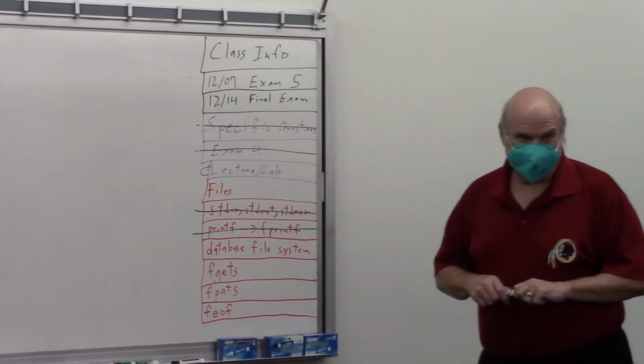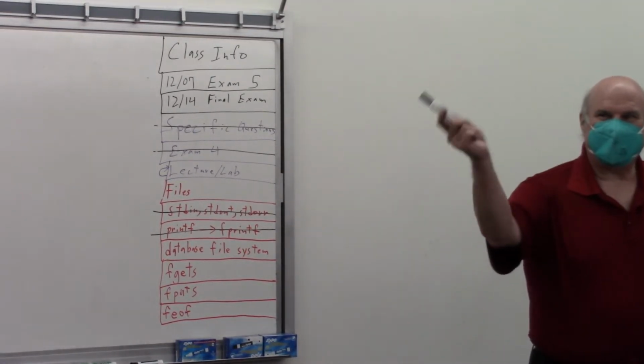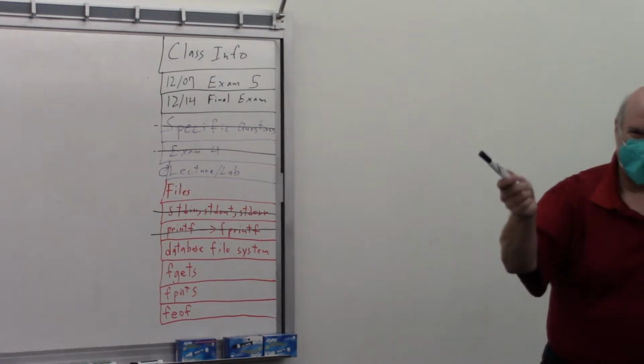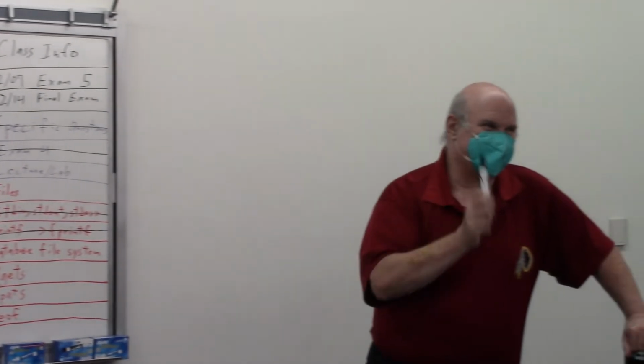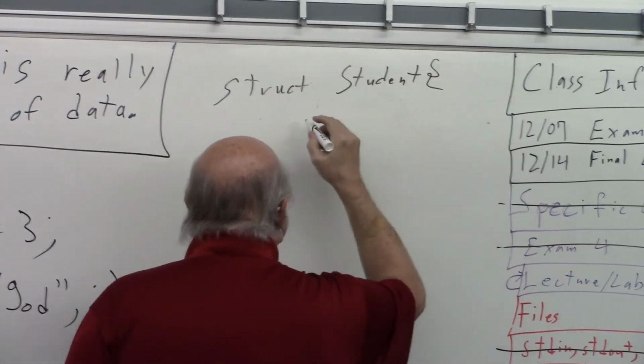Database file system. Let's talk about a trivial database. We have a class, we have students. You guys all have first names, last names, and student ID numbers. So if we're going to make a database of you guys, that's exactly what we'd do. In the program, it would look like this.